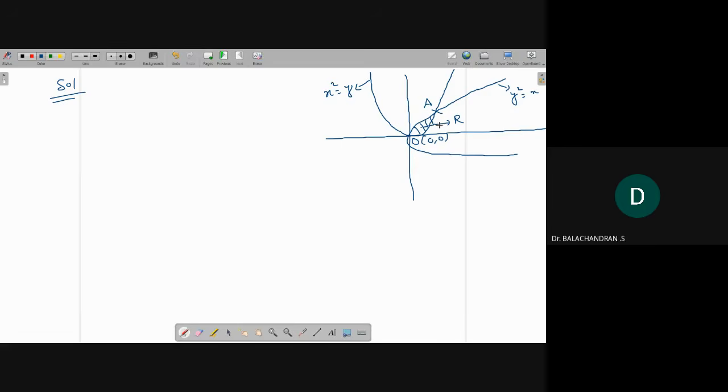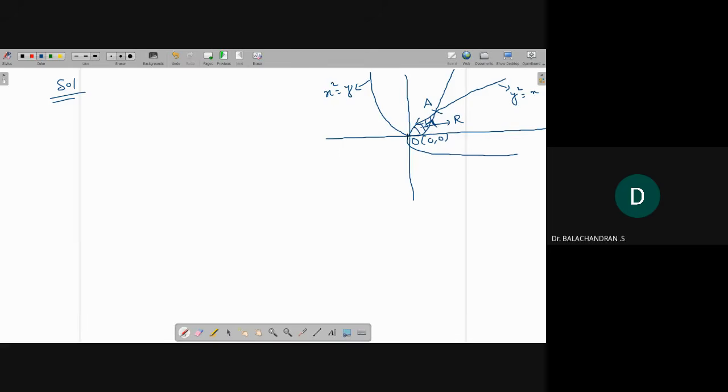And I already told you that your C should be in the anti-clockwise direction. So that's why I'll take the arrow in the anti-clockwise direction from here to go to A. Similarly, this direction, anti-clockwise.